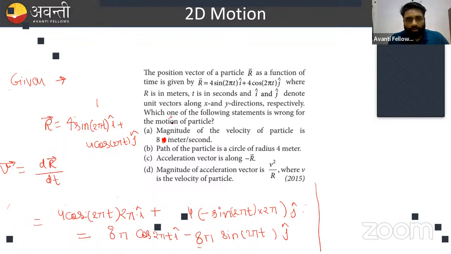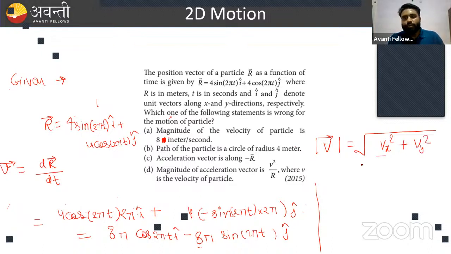Okay, now in the first option the magnitude of velocity of a particle is 8 meter per second. ठीक है, single correct option है. So we have to find out the magnitude. So what is the magnitude of this velocity vector? It is square root of vx square plus vy square. vx is the x component of the velocity, which is 8 pi cos 2 pi t, and vy is the y component of velocity, which is minus 8 pi sine 2 pi t.